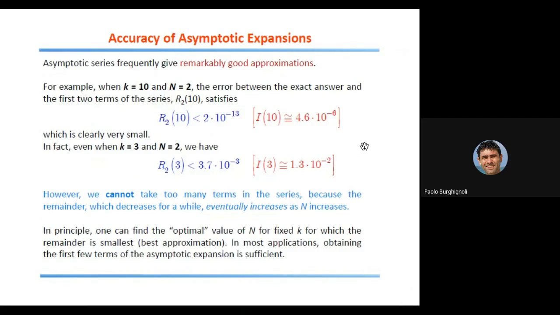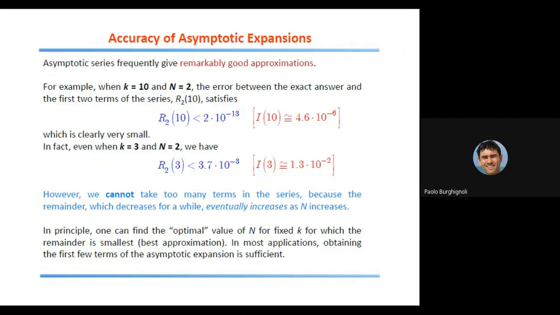Once you have an asymptotic series, we have said that the behavior of its terms is that they first start decreasing in absolute value and then they ultimately increase. So one optimal choice of the truncation index would be that of choosing the index for which the term in the asymptotic series has reached its minimum, because at that point you would expect the highest accuracy. This is sometimes done.